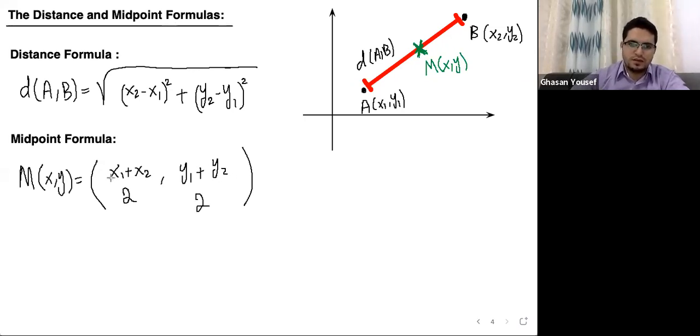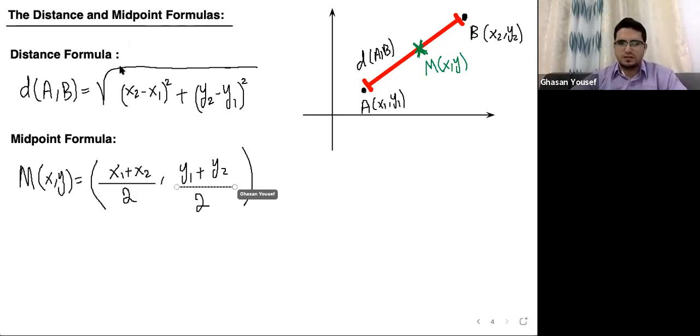This is the formula of the midpoint: x1 plus x2 over 2, comma, y1 plus y2 over 2. This is correct. Now it's easy to do examples by using these formulas.